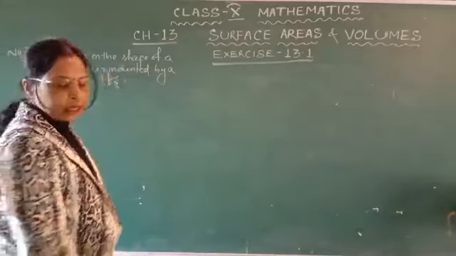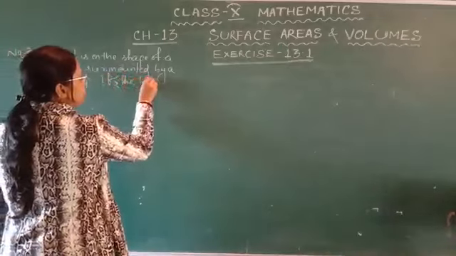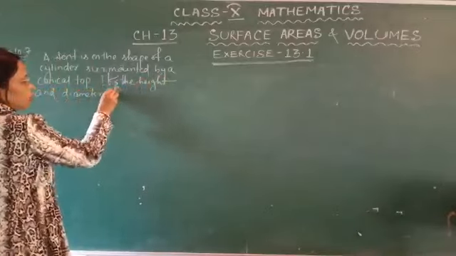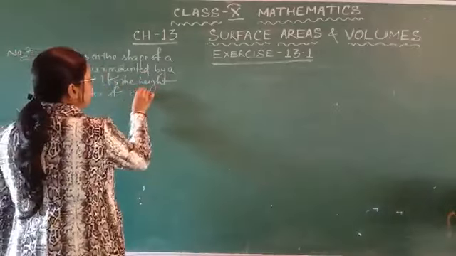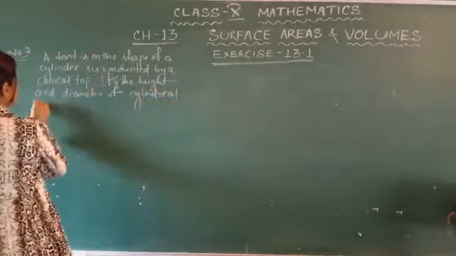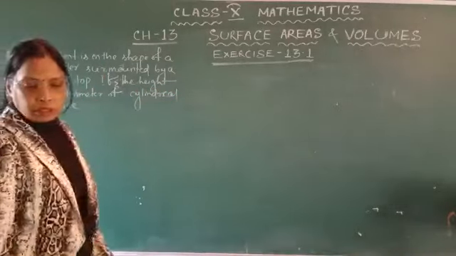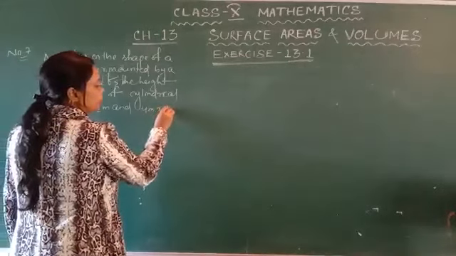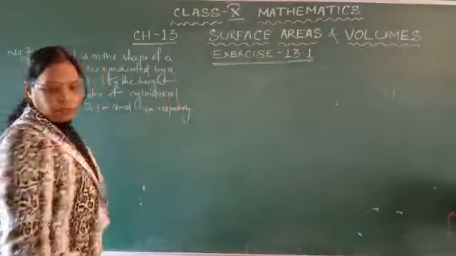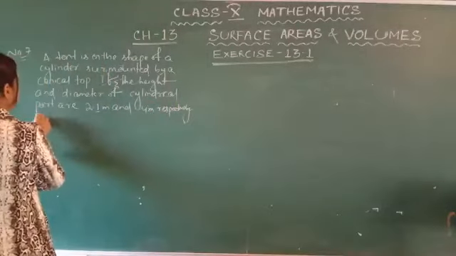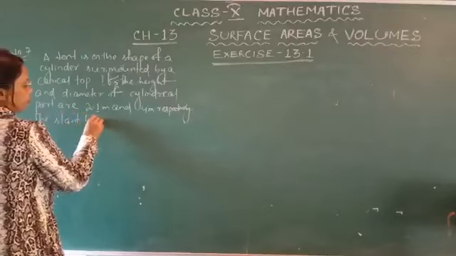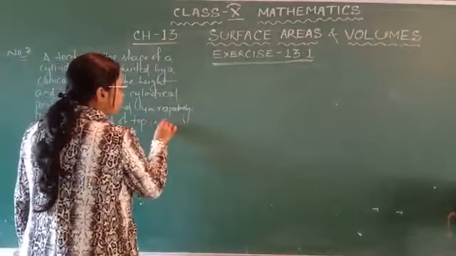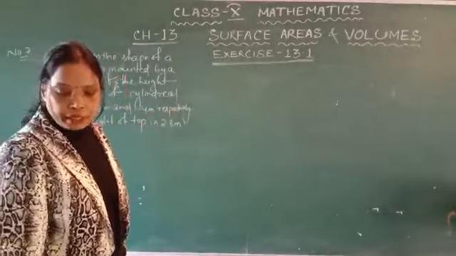If the height and diameter of the cylindrical part are 2.1 meter and 4 meter respectively, and the slant height of the top is 2.8 meter, find the area of the canvas.